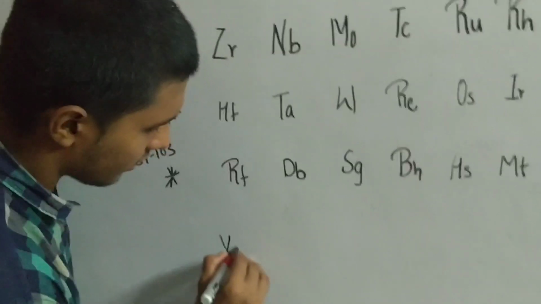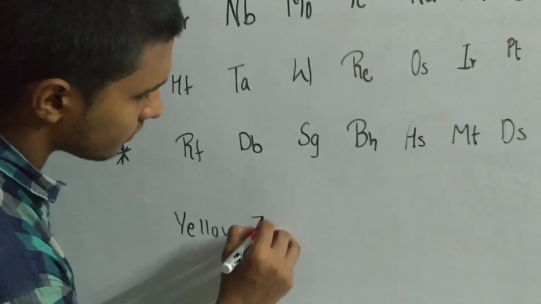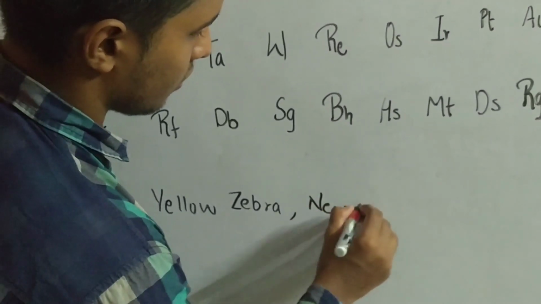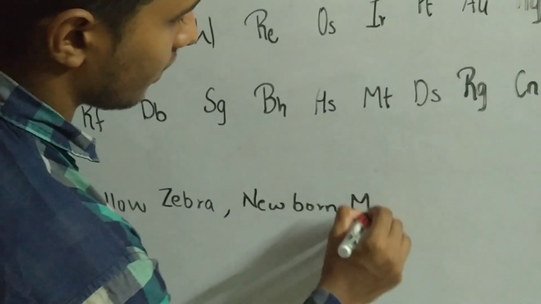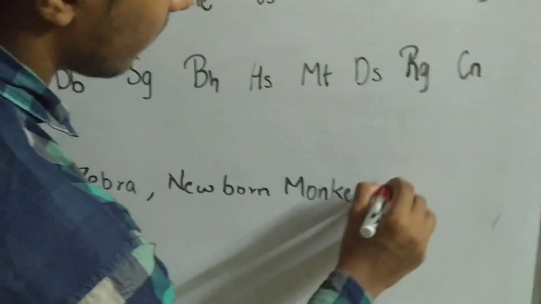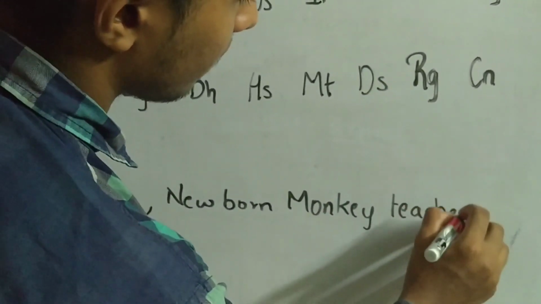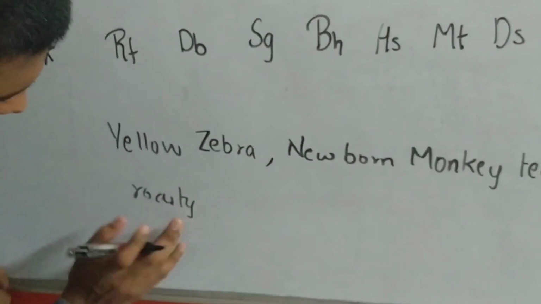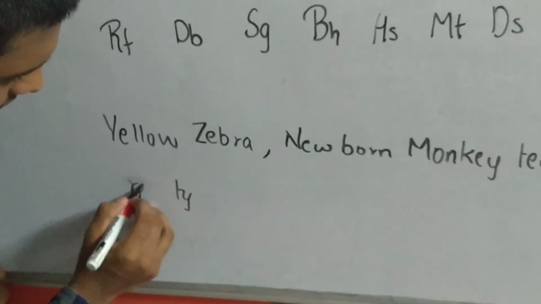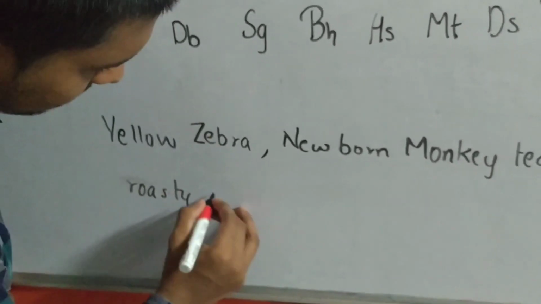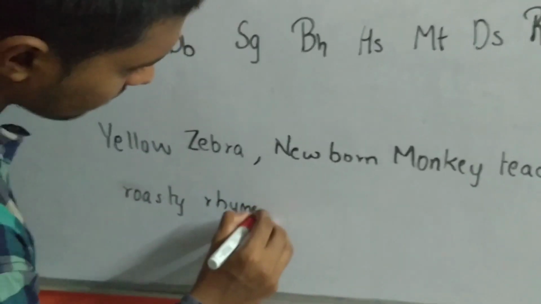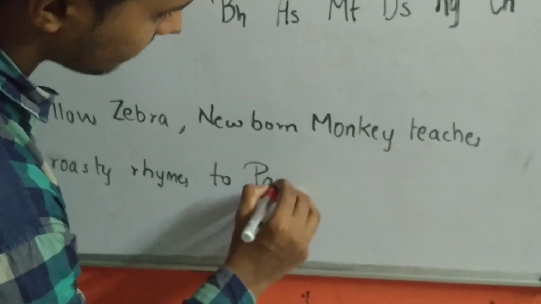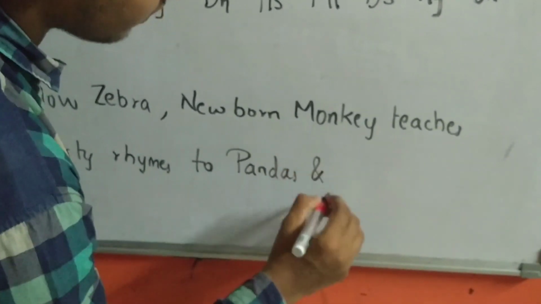It is like yellow zebra, newborn monkey, teaches roasty rhymes, to pandas, and cats.